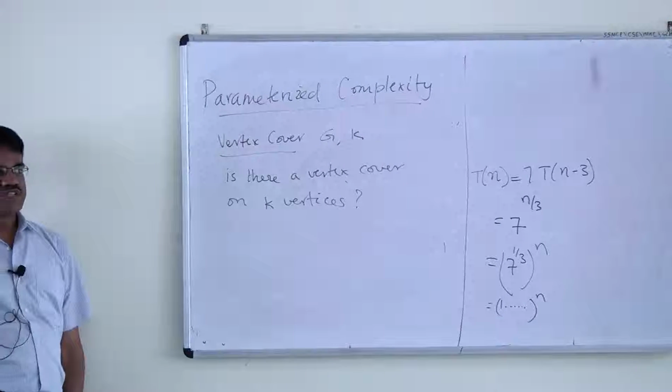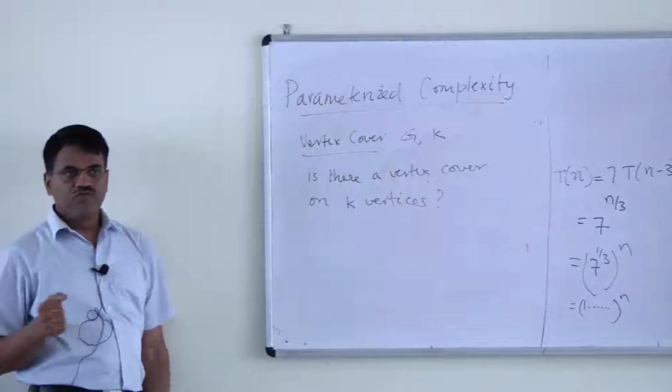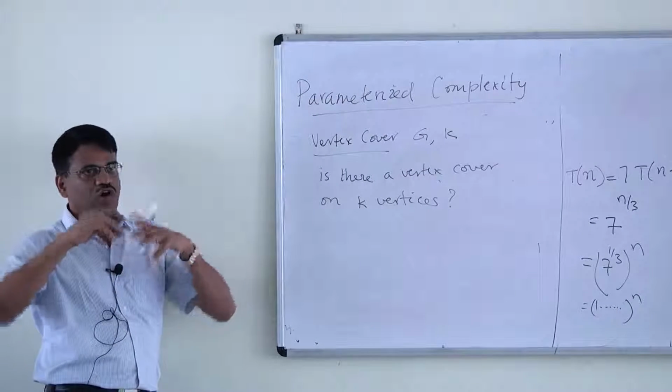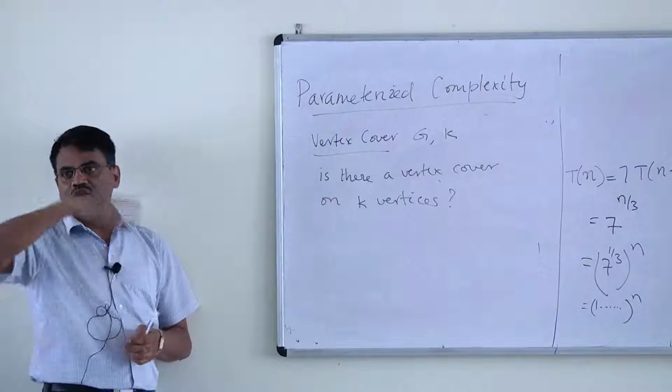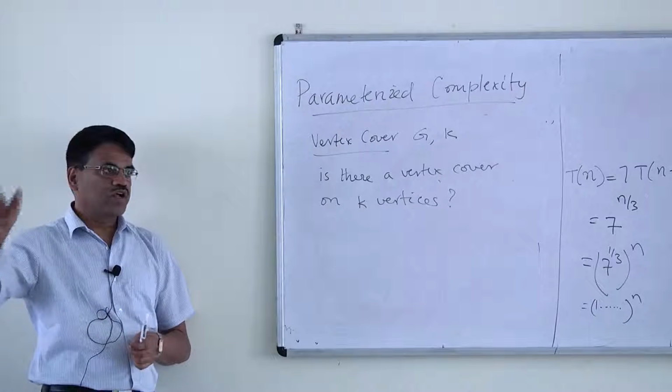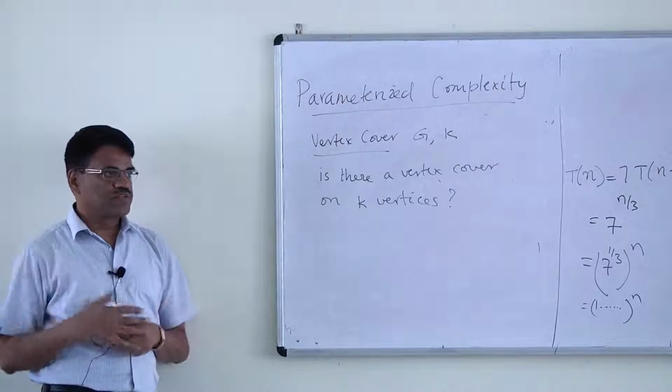The decision version is NP-complete. For the minimum vertex cover, we saw a 2 approximation algorithm. You model it as an LP, solve it, do a rounding, and that gave an approximation algorithm.